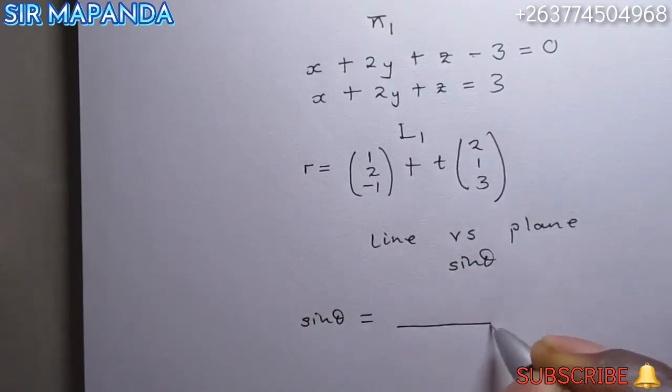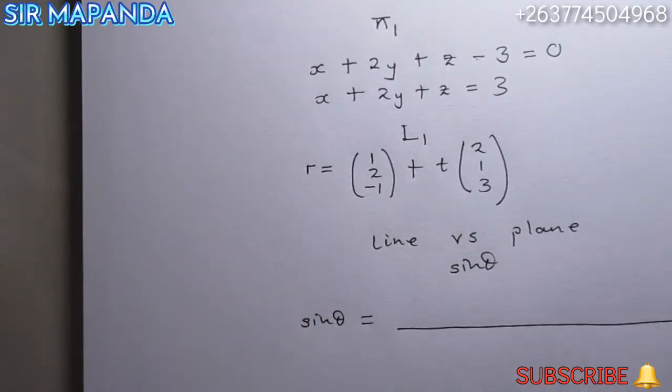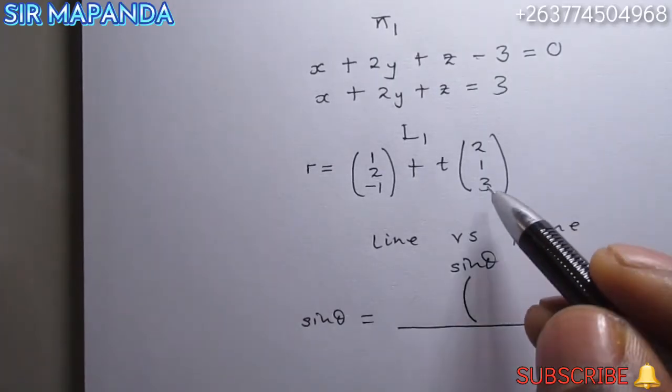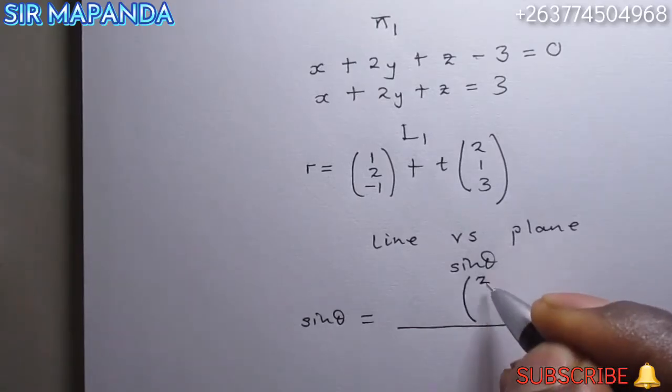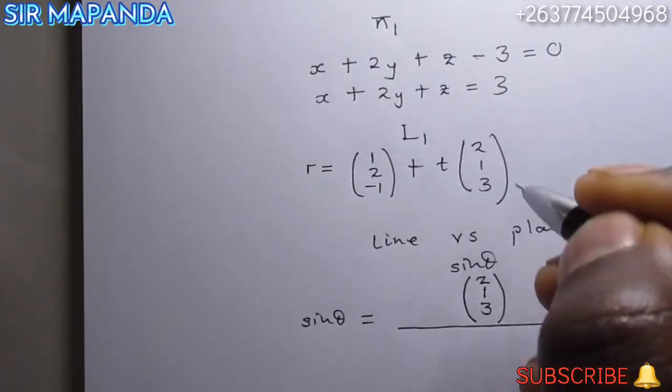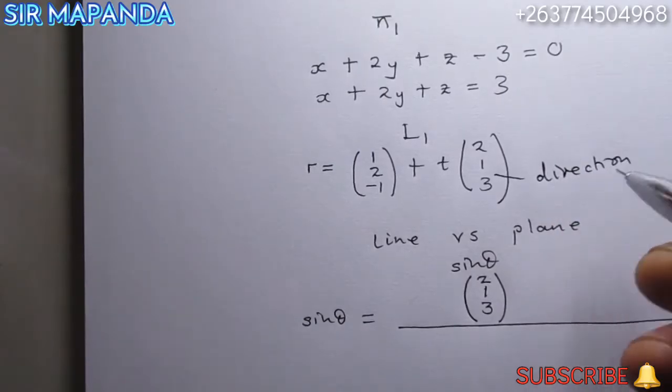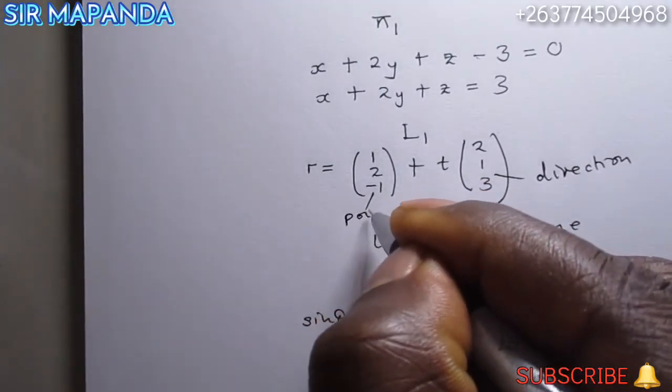Then I put a division line. On the numerator, I'm going to perform a dot product of the direction of the line and the normal vector of the plane. So the direction of the line is found in the second bracket, and we have 2, 1, and 3. Remember, this bracket denotes direction, and this one denotes a point on the line.